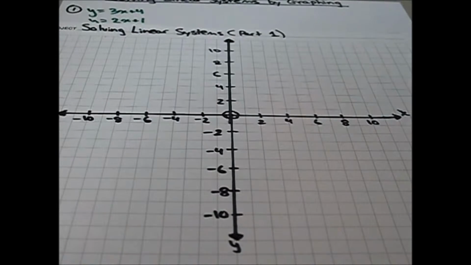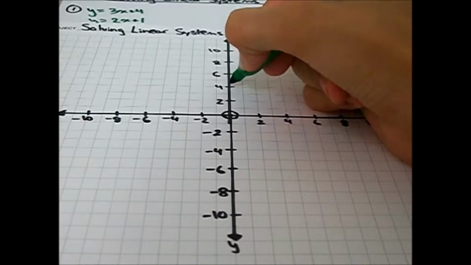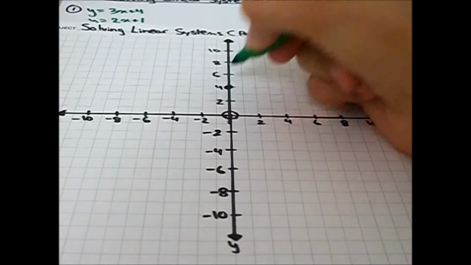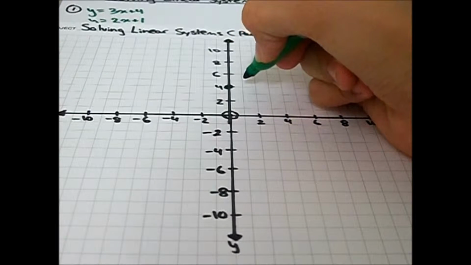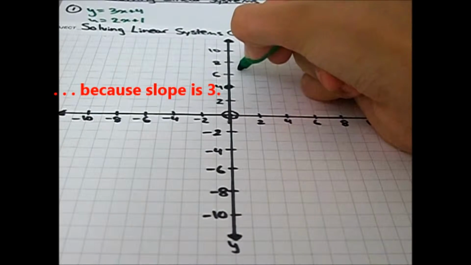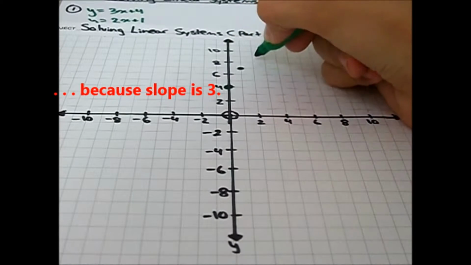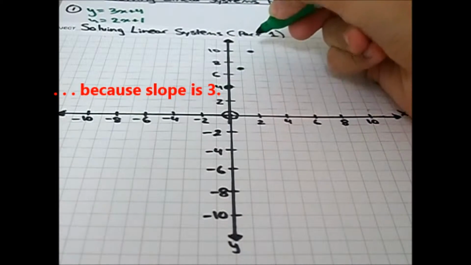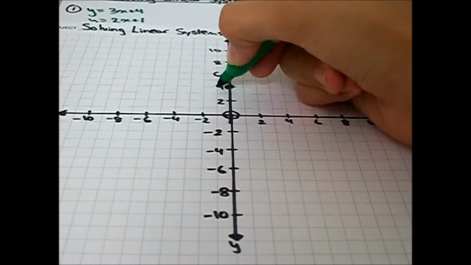And the first thing I want to do is plot my y-intercept, which is 4. And then for every one step right, I'm going to go 3 steps up. And for every one step left, I'm going to go 3 steps down.